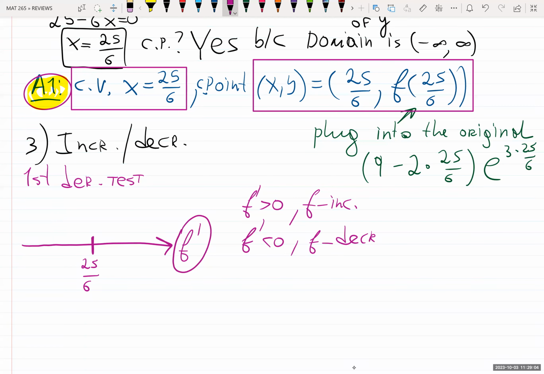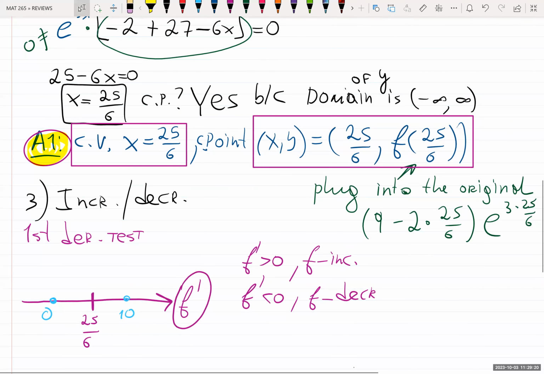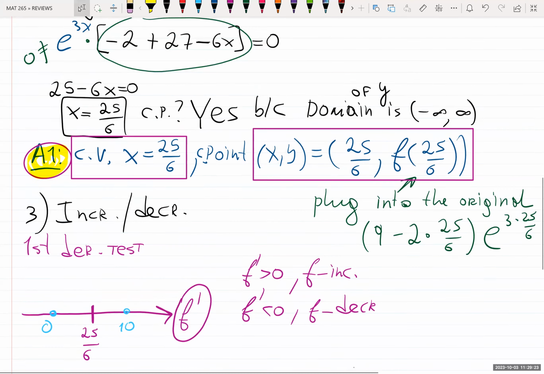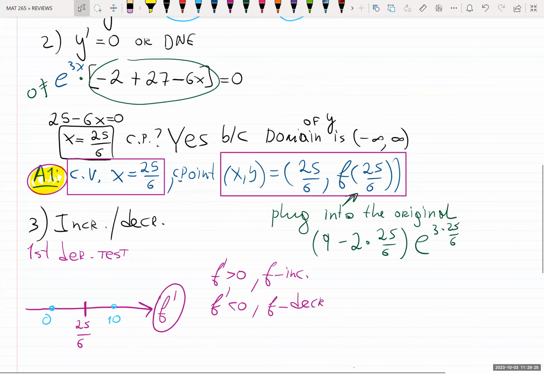The sign of the derivative. So you just quickly find easy test points. It's nice to use 0 and 1 when you can. In this case, I would do 0 and 10. You can do 0 and 100 or a million. You don't need to know the exact number. You plug it into the derivative to see the sign.